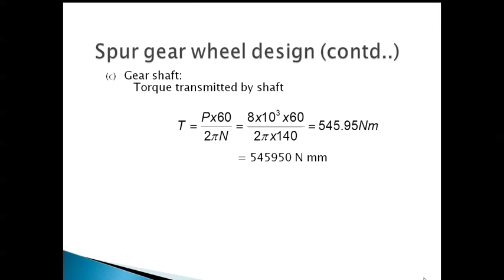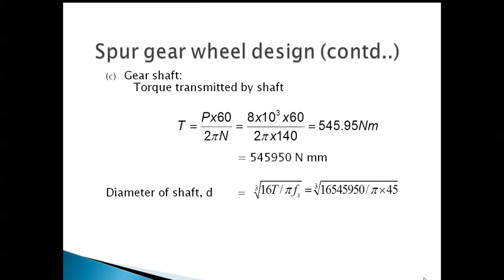So here torque equal to 545.95 into 10 cube Newton mm. So here shaft diameter can be found out when torque equal to pi d cube by 16 into tau. So from that d equal to cube root of 16 T by pi into tau.